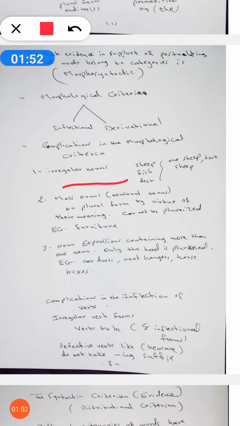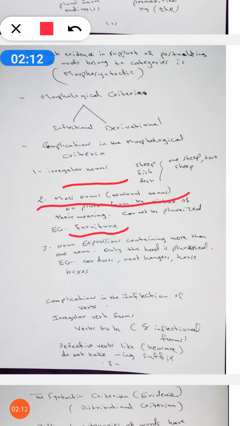And the second problem is relevant to mass nouns. You mean by mass nouns, uncountable nouns. So, for example, a word like furniture cannot be pluralized. That is why we cannot depend entirely on the inflection, on morphology.